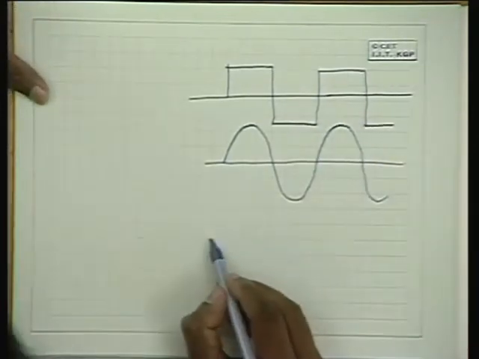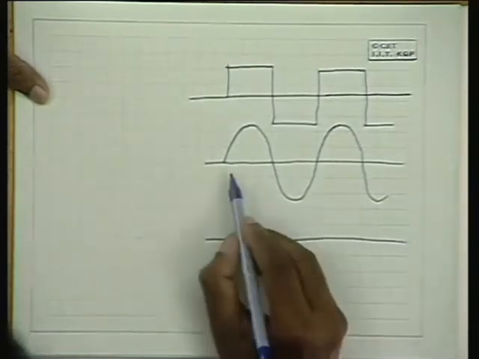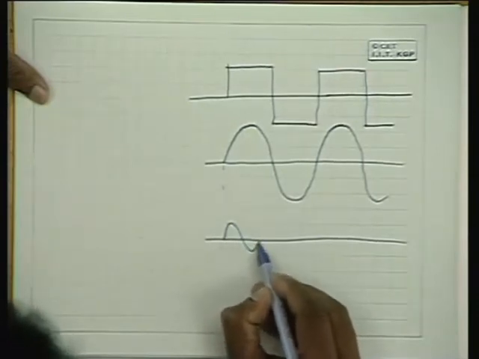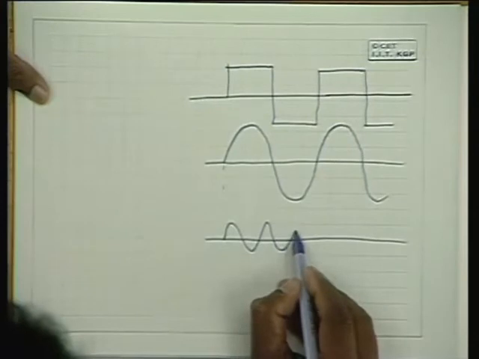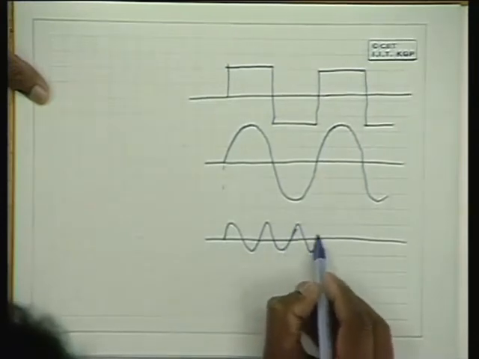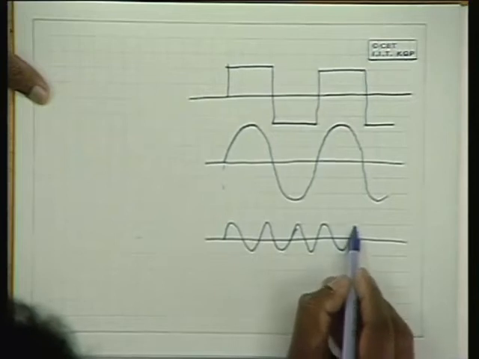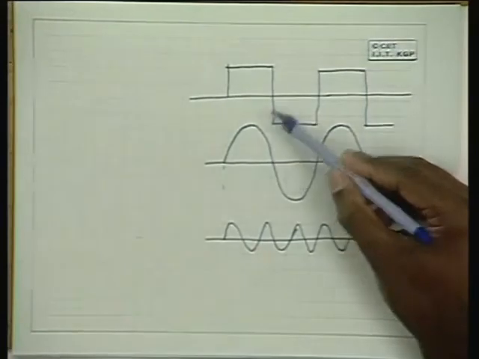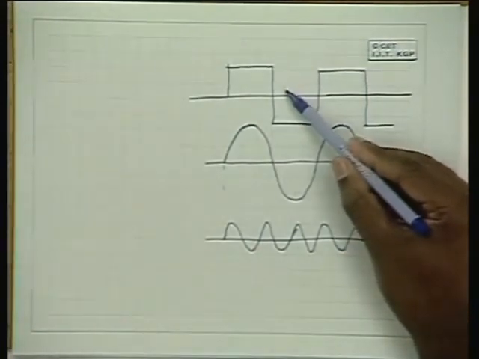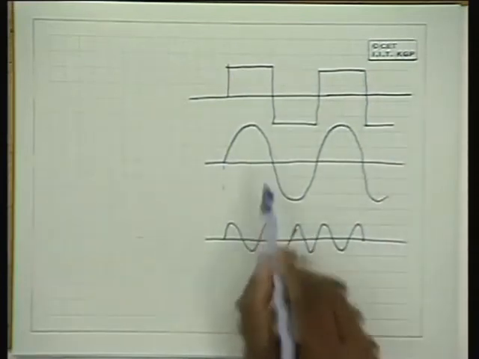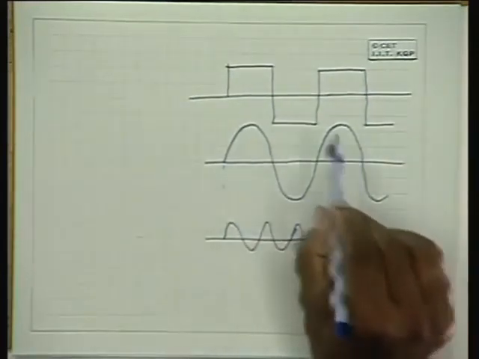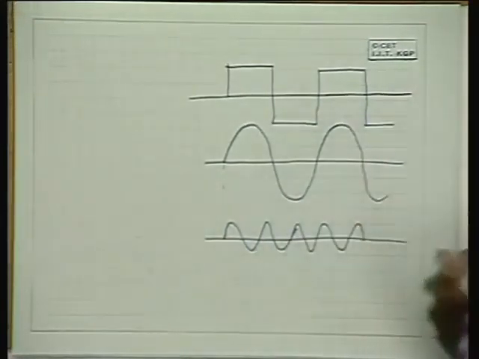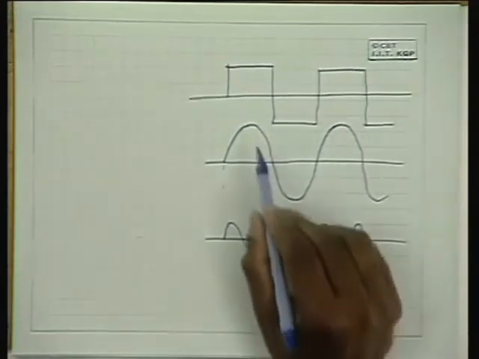Now, let me add another sinusoid to this. Please note that the frequency of this sinusoid is the same as the fundamental frequency of the square wave. Now, I am adding a small third harmonic. This is a fundamental component of this square wave. I am adding a small third harmonic to it because its frequency is 3 times the fundamental frequency.